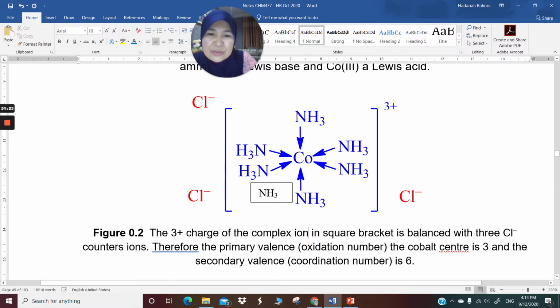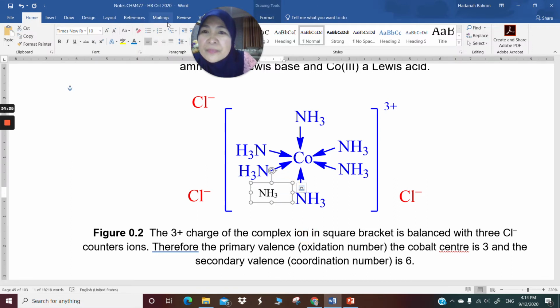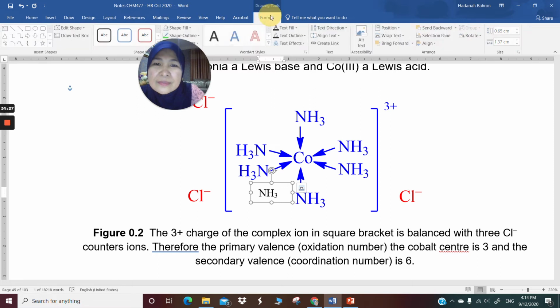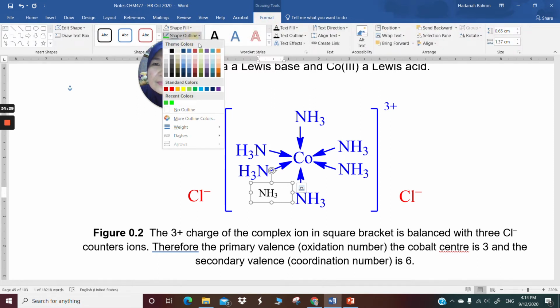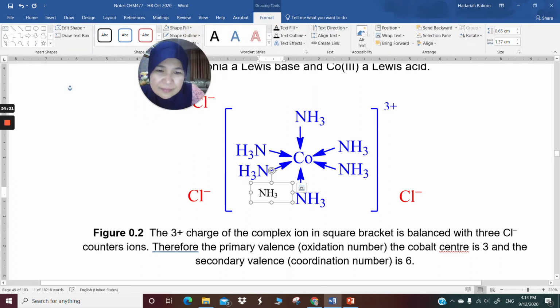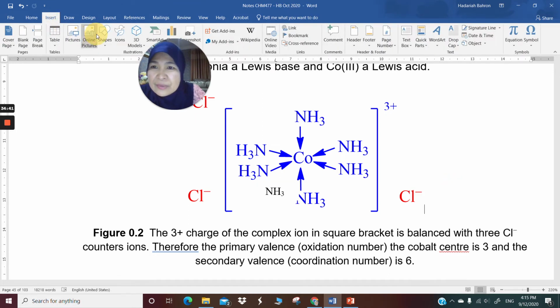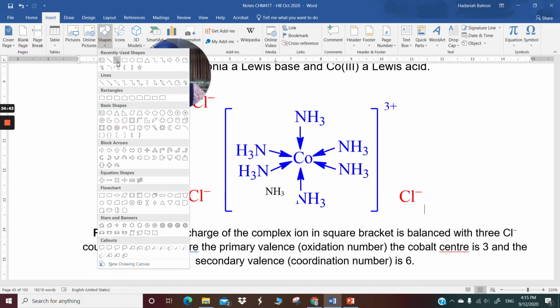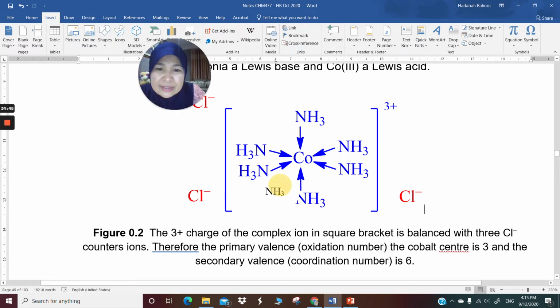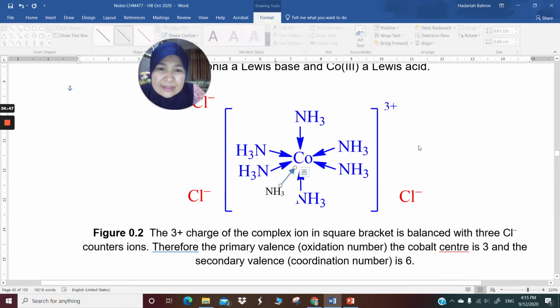They're so used to writing ammonia as NH3, so what they do, they just write ammonia and do this, like that.